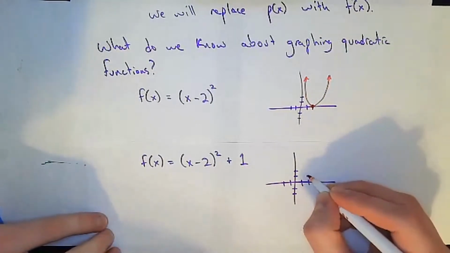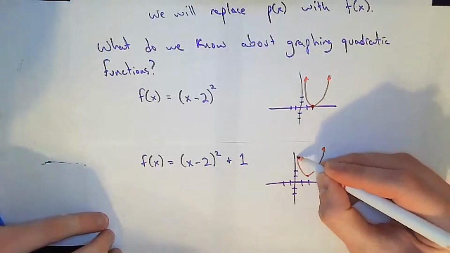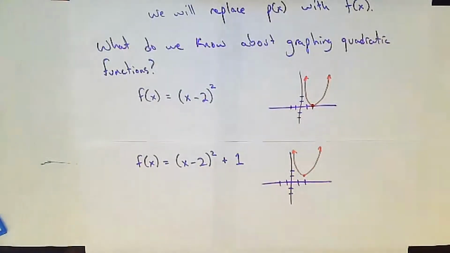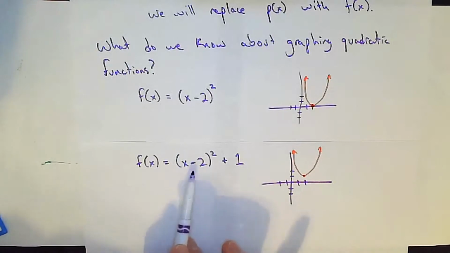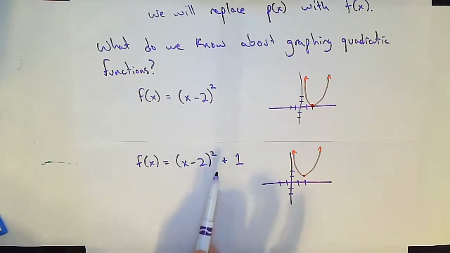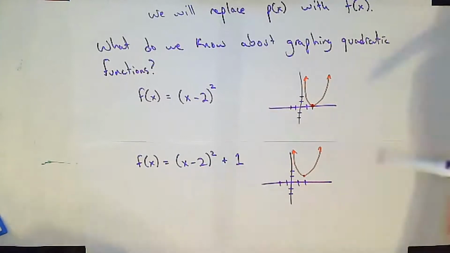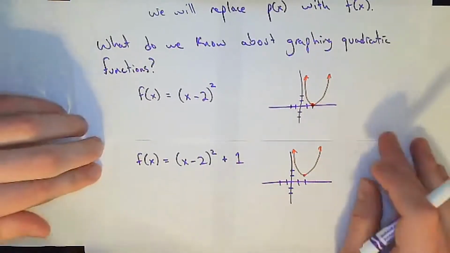So over 2 up 1. Now the parabola is starting there. That's the new shape. We also know that if I add inside the parentheses, that means a scoot to the left instead of a scoot to the right. And if I subtract outside the parentheses, that would be a scoot down as opposed to a scoot up, like the example I've given here.